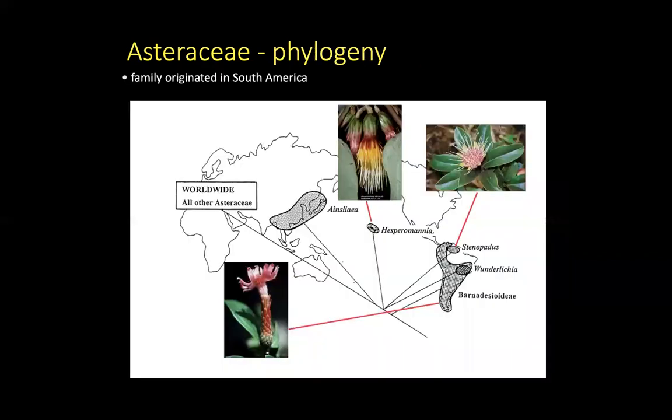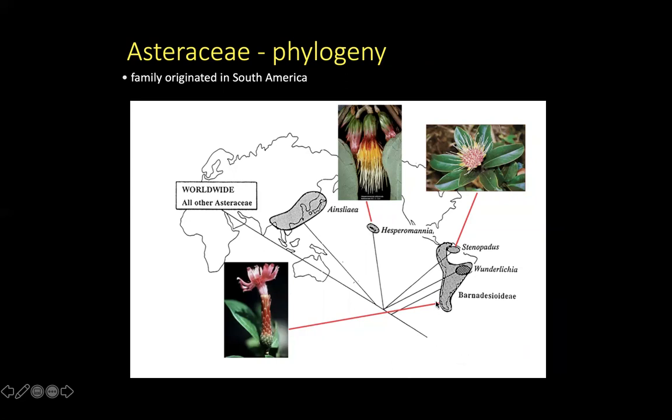Okay, so the biogeographic history of the Asteraceae, I think, is very interesting. It's actually a South American originating group, and some of the earliest diverging lineages that are only found in South America are really cool. So this is like a Barnadesia, a hummingbird pollinated friend.